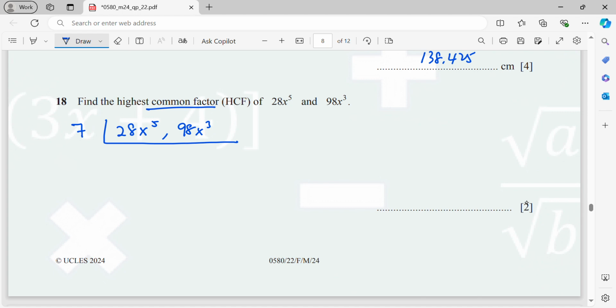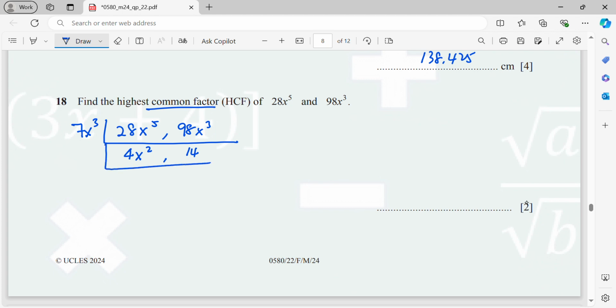For x cubed and x degree 5, the common term is x cubed. So when I divide 28x degree 5 by 7x cubed, I will be getting 4x squared. Same goes for 98x cubed: when it is divided by 7x cubed, you will be getting 14.